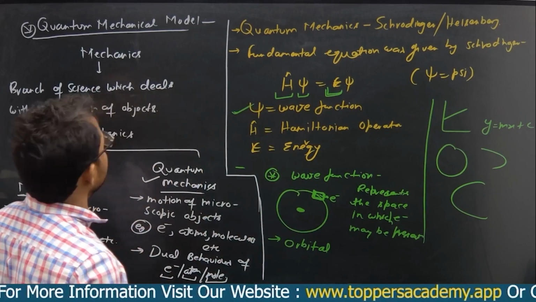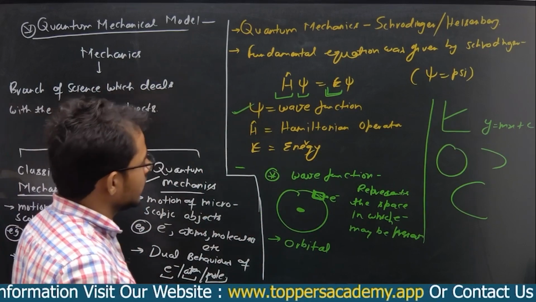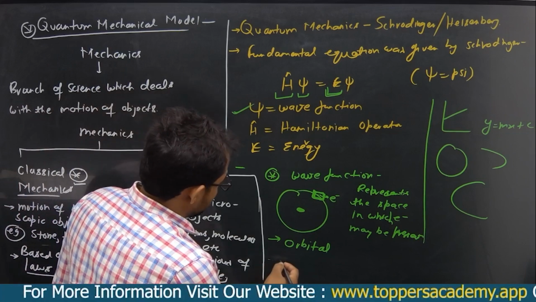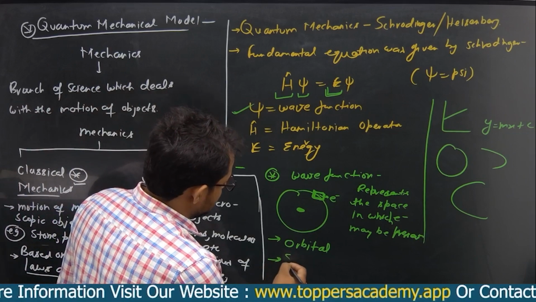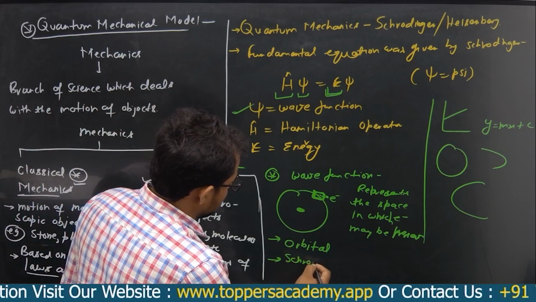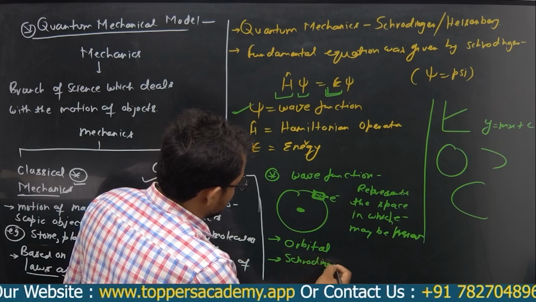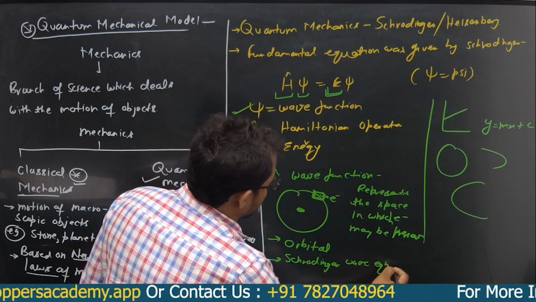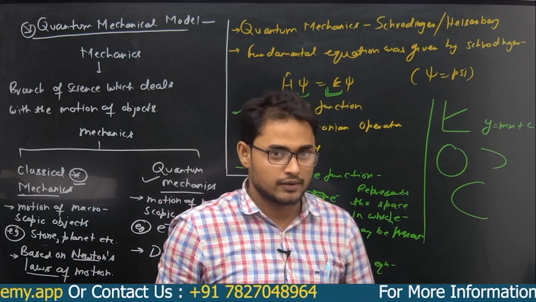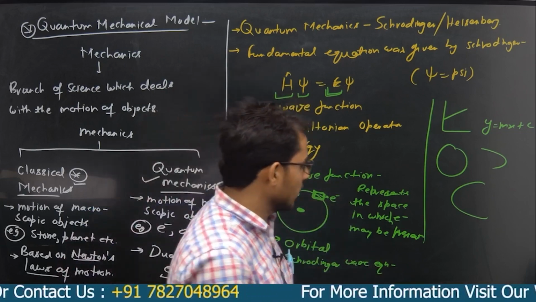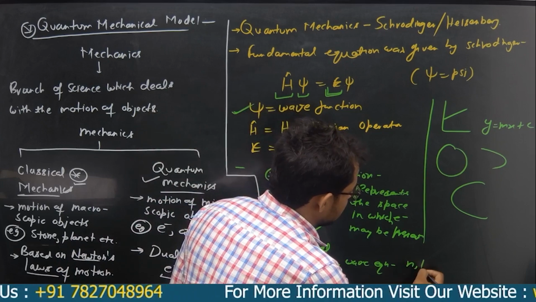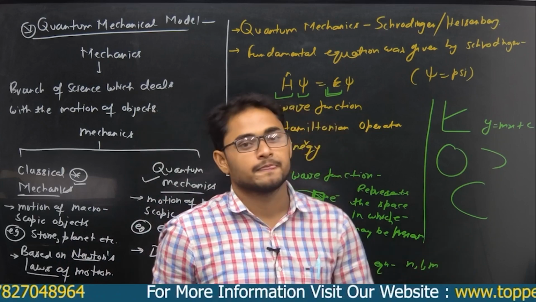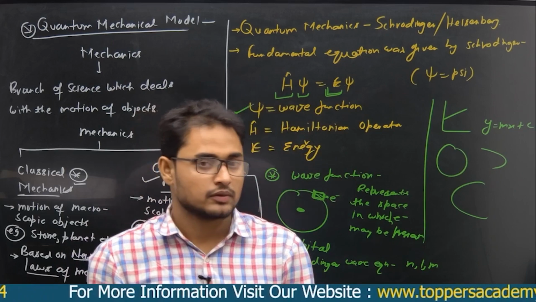Now this Schrodinger wave equation gives three types of quantum numbers, that is n, l, m, right?